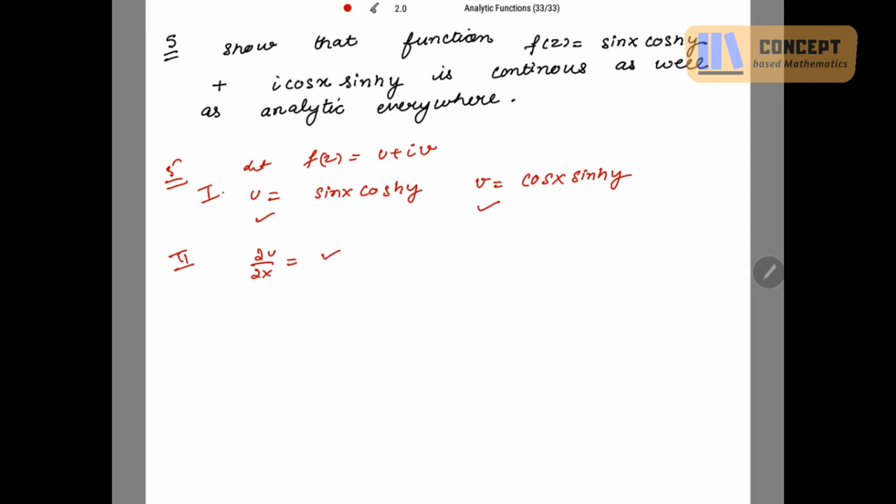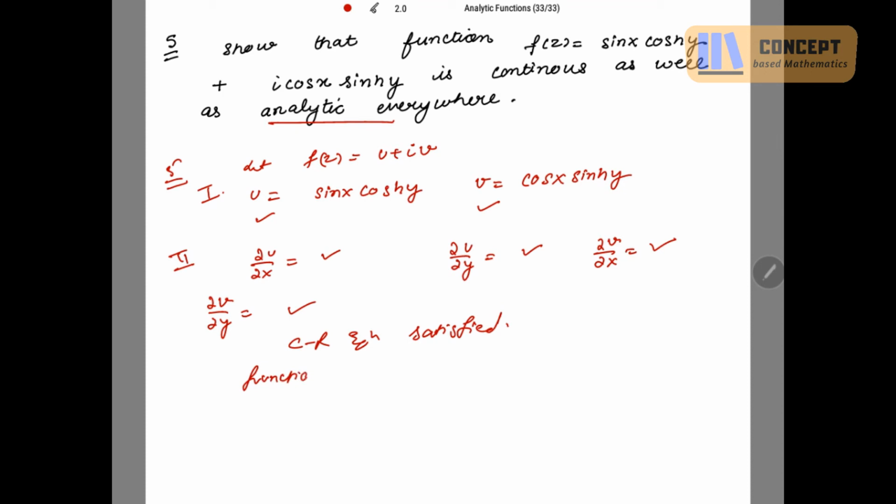You find this, and curly u over curly y, ये भी find out कीजिए, and curly v over curly x, curly v over curly y, ये सभी find out कीजिए. Your Cauchy Riemann equations will be satisfied. So वहाँ पर CR equations जो आपकी satisfy हो जाएंगी. So the function is analytic everywhere.